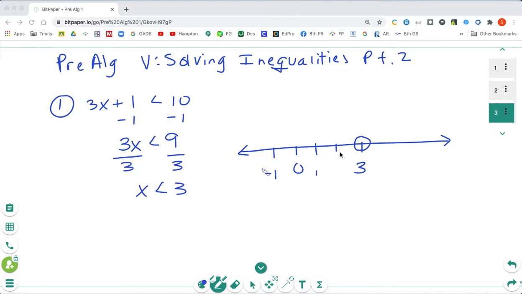So we're looking for all the values that are less than 3. So we're going to draw our arrow pointing to the left. And if we check it using the inequality over here, we can draw our arrow, and you'll notice that this arrow is going in the same direction as the arrow on our graph, so we have it graphed correctly.